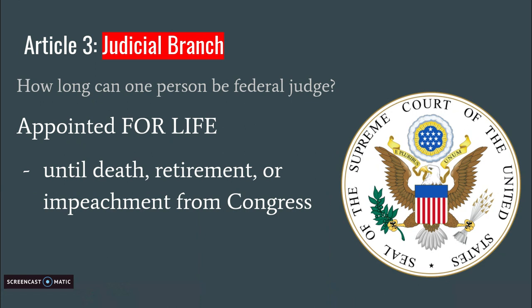That means until they die, they retire, or they are removed by Congress, impeached because of something bad they did, such as a federal crime, like corruption, or maybe they got paid off to make a decision. So federal judges serve for life, which means until death, retirement, or impeachment.